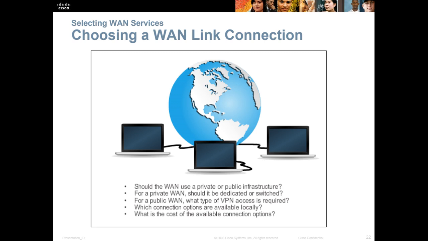Okay, should the WAN use a private or public infrastructure? For a private WAN, should it be dedicated or switched? For a public WAN, what type of VPN access is required? Let's say you are in an oil area, an oil industrial area, and you are an oil company, and you need connection with your sites.